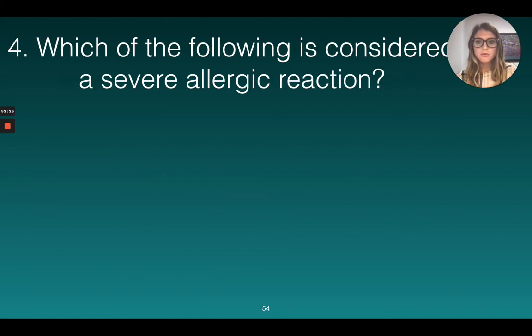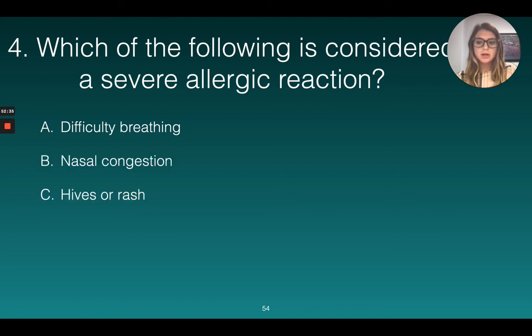Next question, number 4, which of the following is considered a severe allergic reaction response? A, difficulty breathing, B, nasal congestion, C, hives or rash, or D, itching.